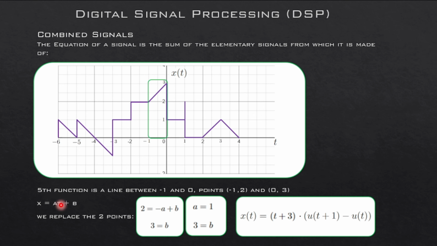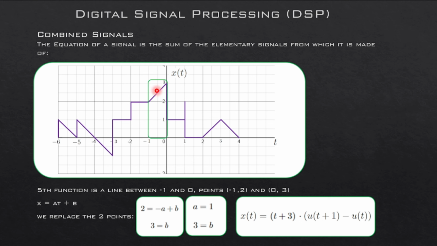We replace them in this equation, you get 3 equal b and a equal 1, so it is t plus 3. Okay, so for t equals 0, the function is equal to 3. That's correct. For t equal -1, the function is equal to 3 minus 1, which is 2. So that's the correct function. In case we've made any mistake, you can confirm that by matching the points.